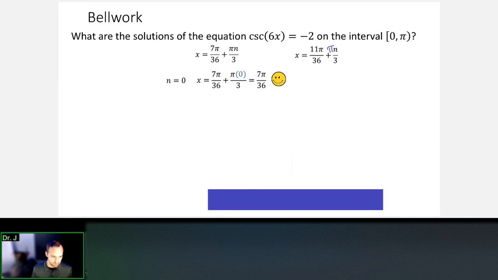Next, we're going to plug n equals 1 into the equation. All you've got to do is hit the back arrow on your calculator and change n from 0 to n equals 1. Everyone do that and hit enter. What do you get?